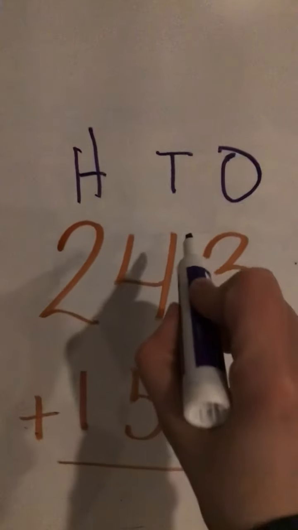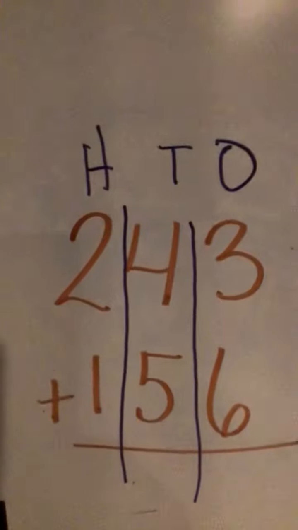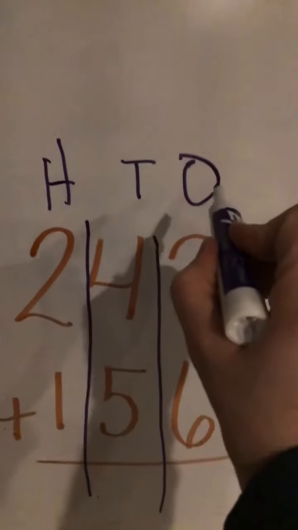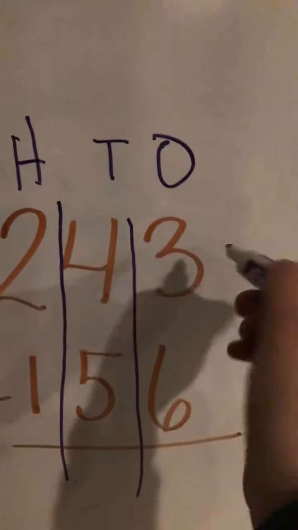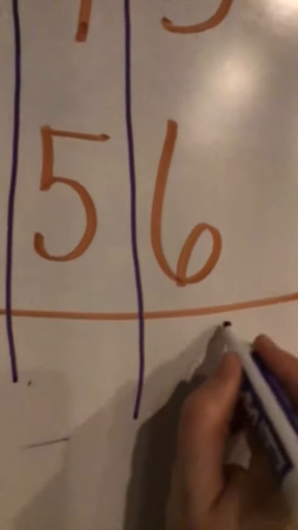In fact, if you want to draw columns to help you do the one that you're supposed to do, you can do that. We always start with a ones column, just like before. So class, 3 plus 6 is 9.